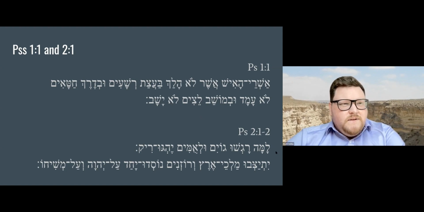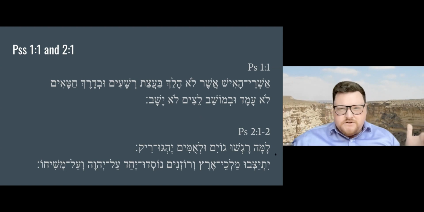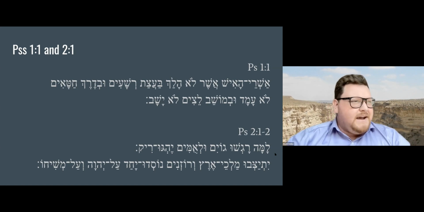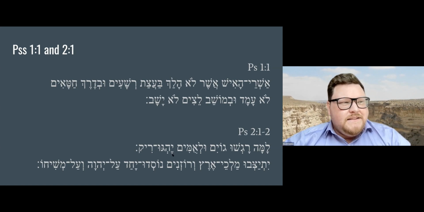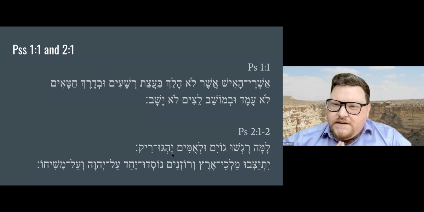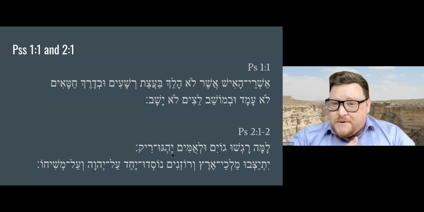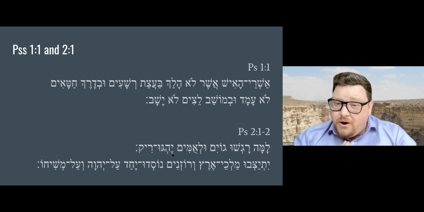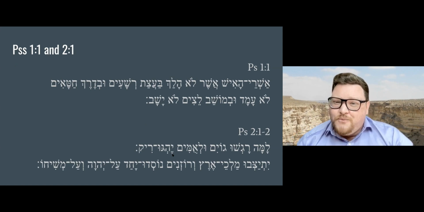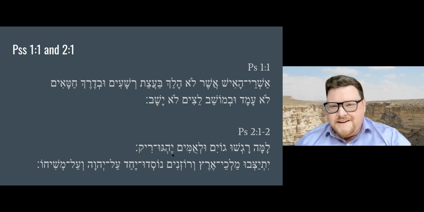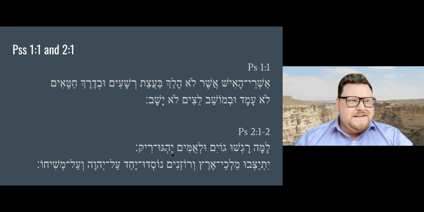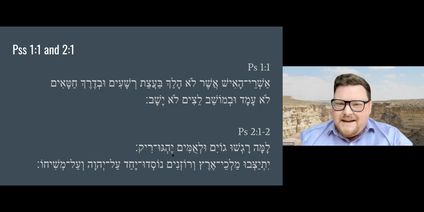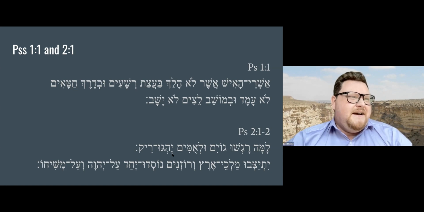So we have this question: why are these nations going crazy? And why are these people meditating? This yehgu language is the opposite of what the righteous person does in Psalm 1. In Psalm 1, this is the meditation of the word of the Lord by the righteous. And in Psalm 2, this is the counter to what the righteous person does when they meditate.